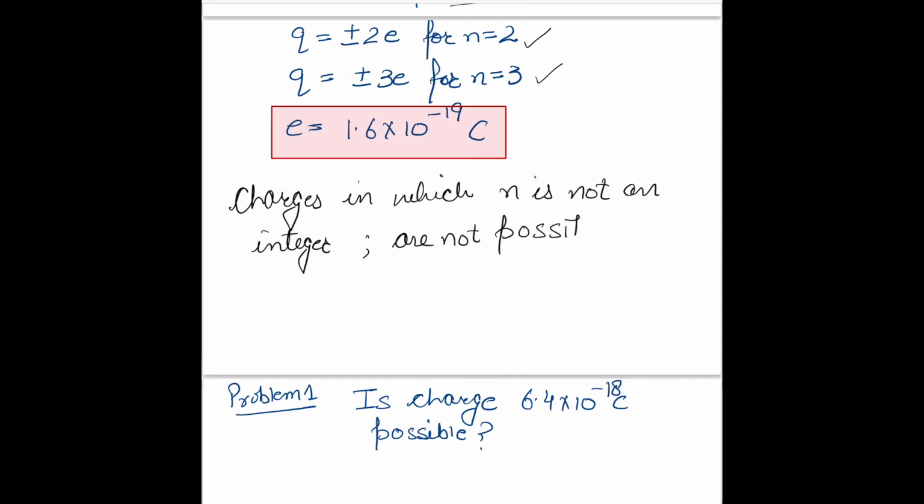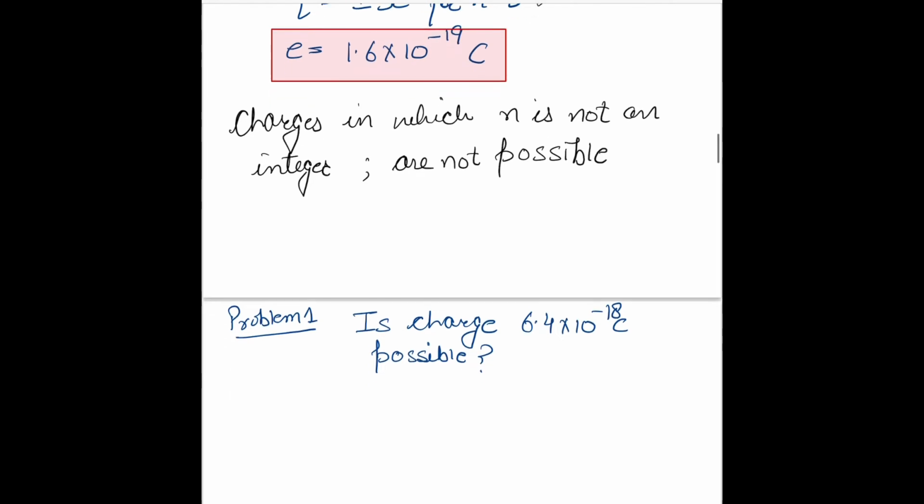If you have N as a non-integer number, for example 0.25, which is non-integer because it's a decimal number, 0.33, or any number like 36.928, 40.46, any number which is not a complete integer, that cannot be the value of charge.